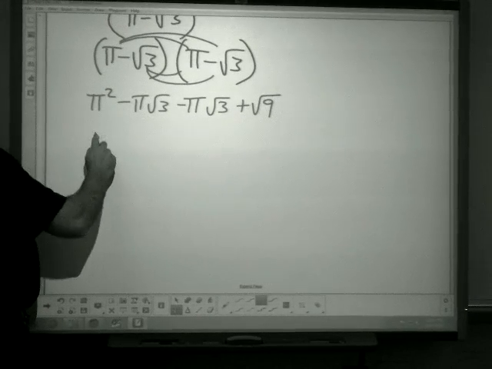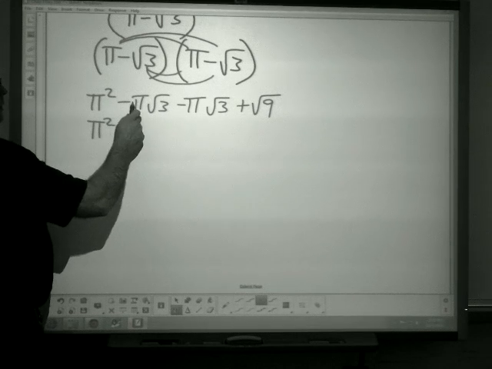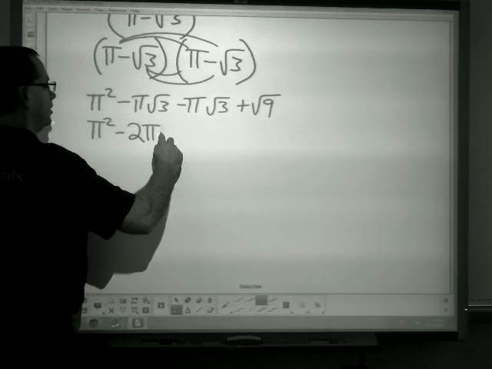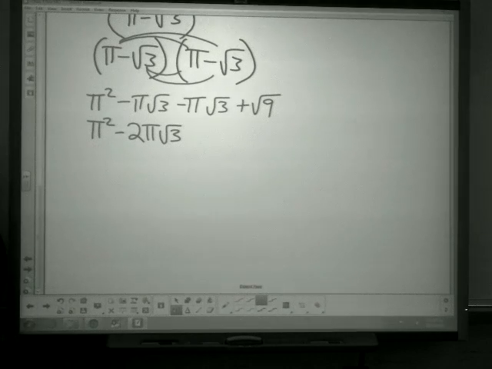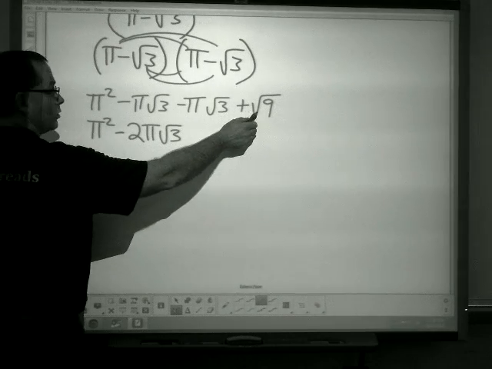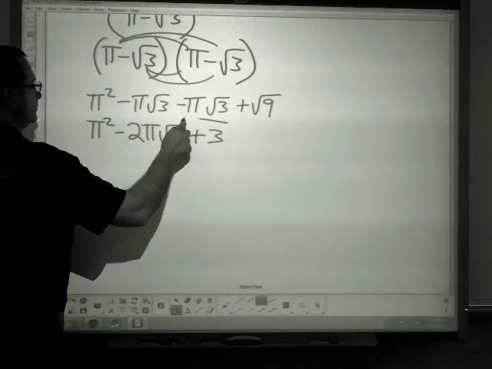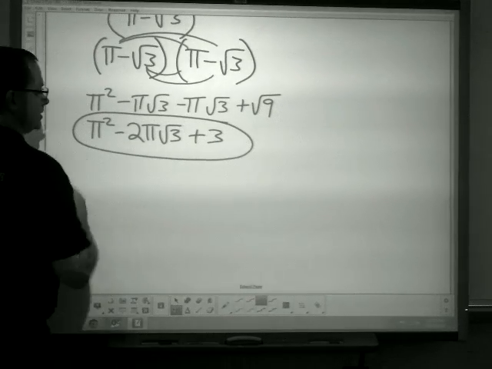So I have a pi squared minus a pi radical 3 minus a pi radical 3. That's minus 2 of those pi radical 3 things. Plus a radical 9. Well, radical 9, that's just 3. And that's that answer.